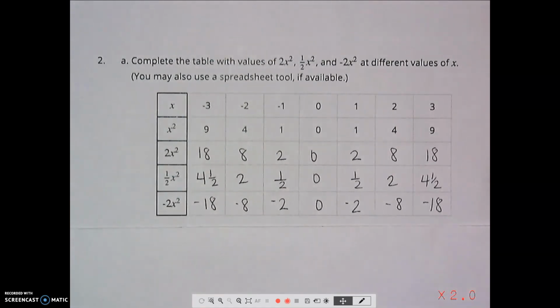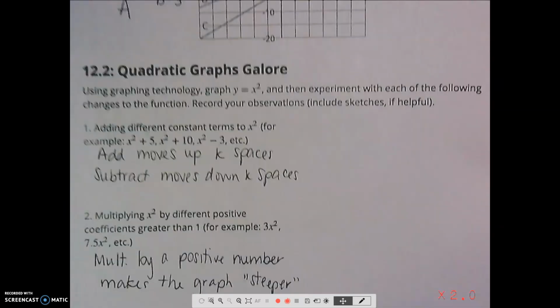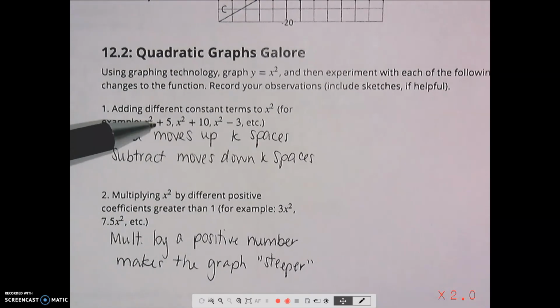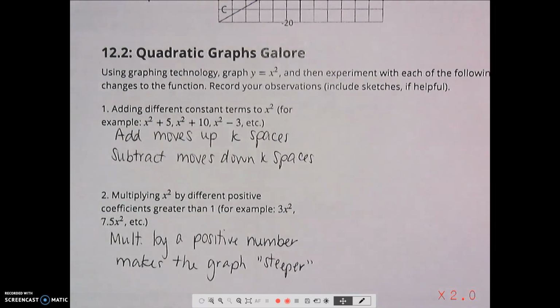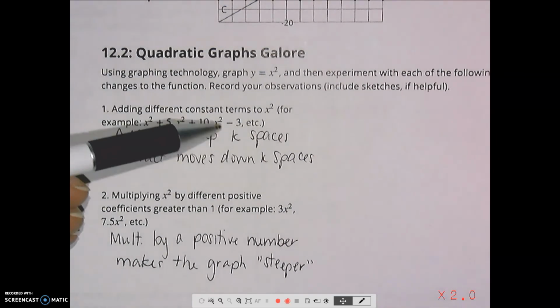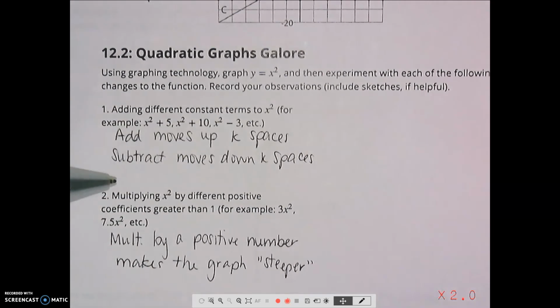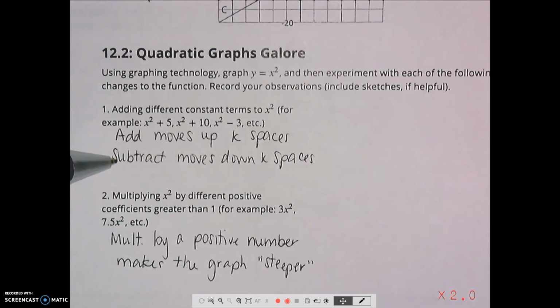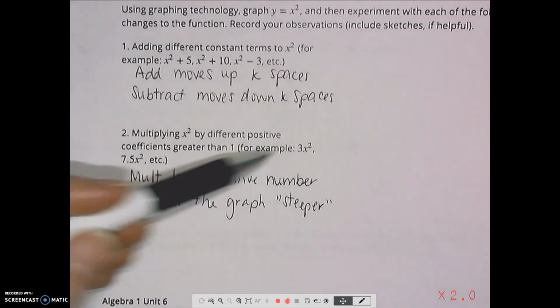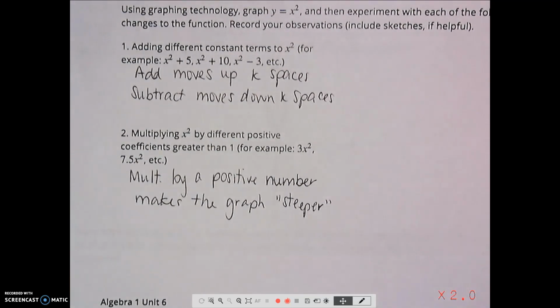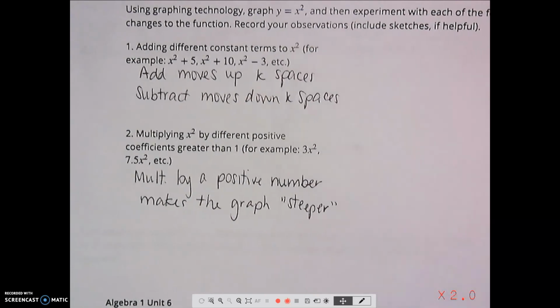So things to keep in mind, okay, when we have these things: adding a number, a constant after the x squared, is going to move it up that number of spaces. Subtracting a number after the x squared is going to make it move down that number of spaces. If you multiply by a number that's greater than 1, that means it's going to get steeper or skinnier.